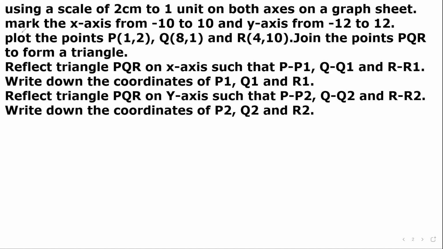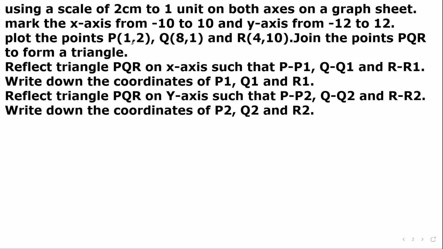Okay, then plot the point P, which is formed by, so let's write the coordinates down so that you can use them to plot, 1 and 2, and point Q here is also formed by 8 and 1, and then point R here is also formed by 4 and 10. Good.